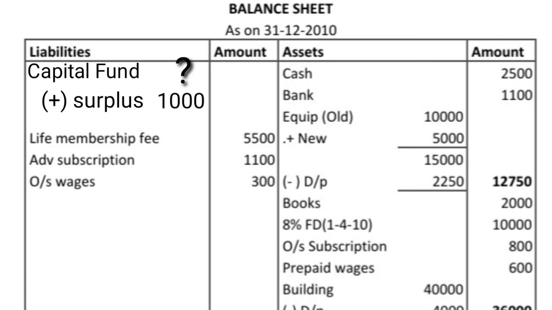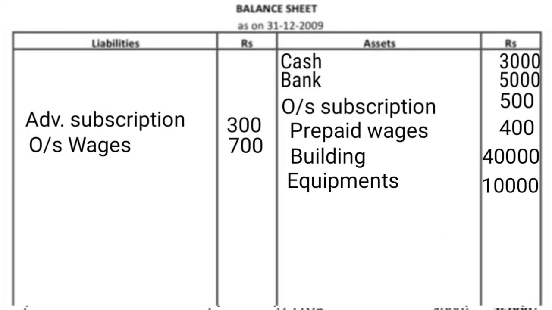No problem. We are preparing the last year balance sheet, right? But this last year balance sheet does not tally. Here in the liability side only 700 plus 300, only rupees 1,000 is there. But in the asset side a lot of items are there.